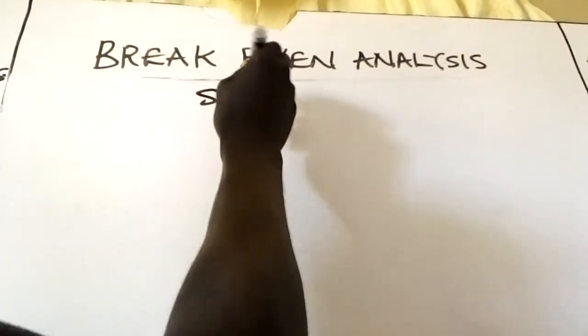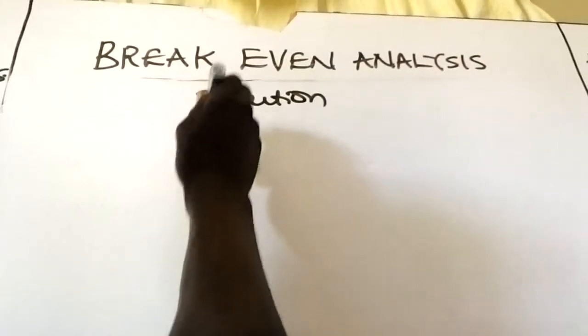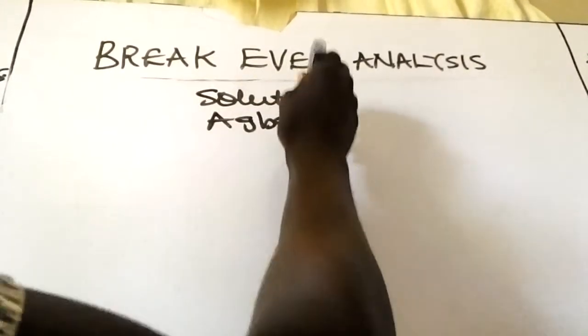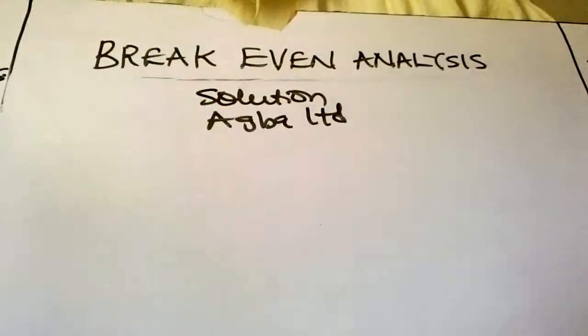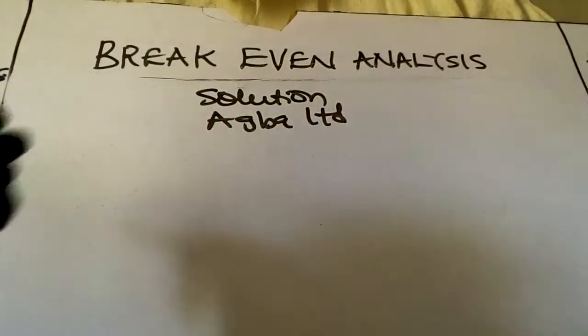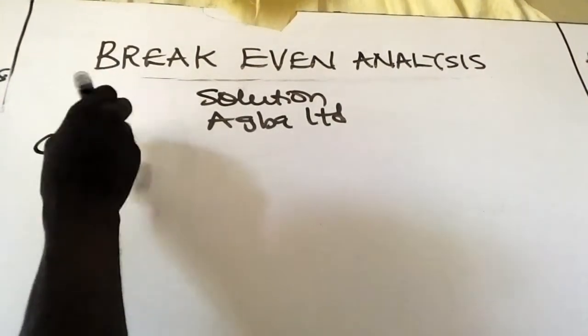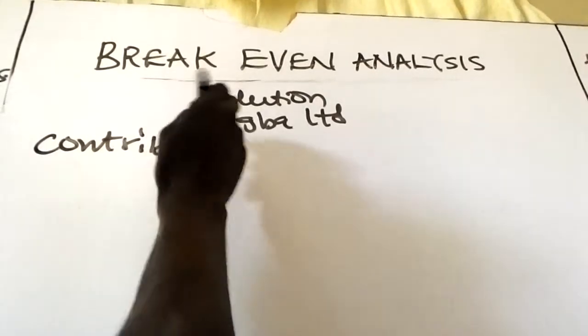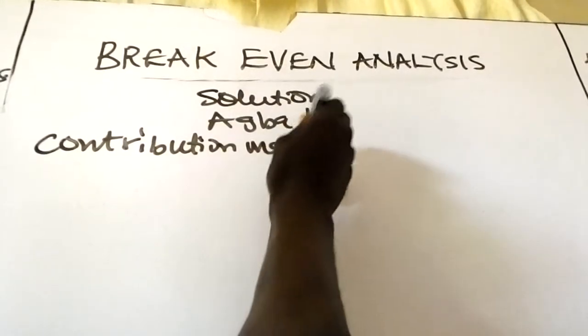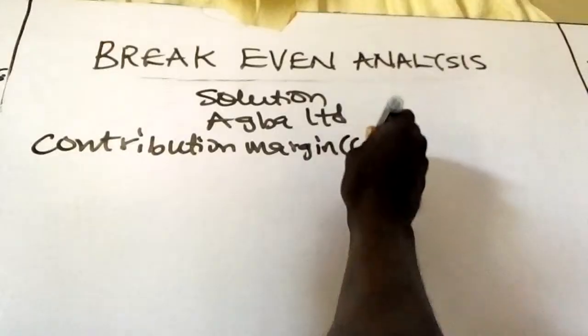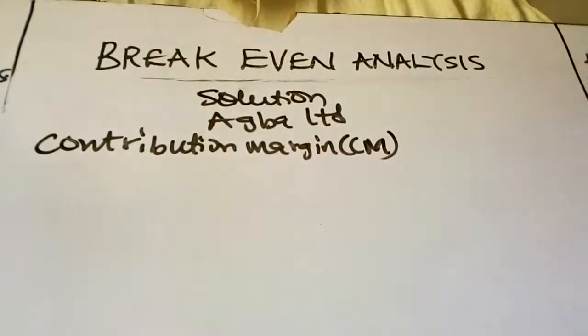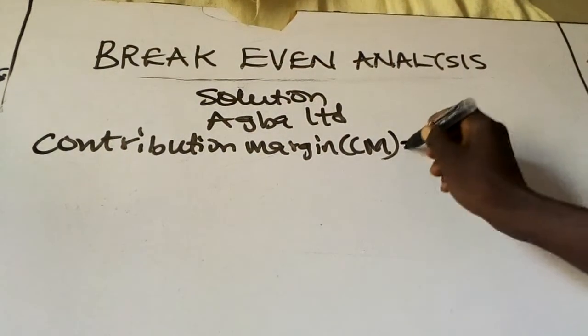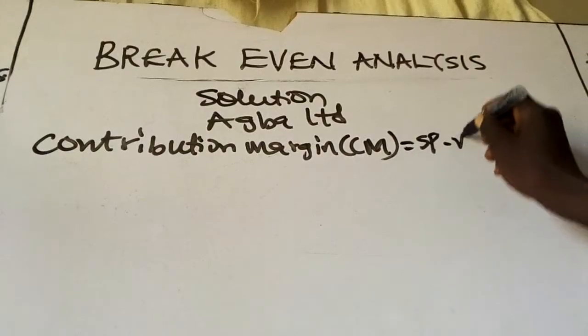Solution. Agba Limited. For our purpose, let's first of all determine the contribution margin, CM. Remember, I've told you that CM is selling price less unit variable cost.